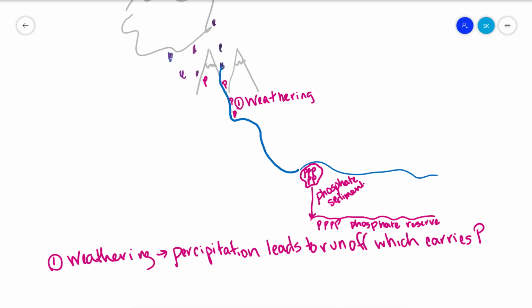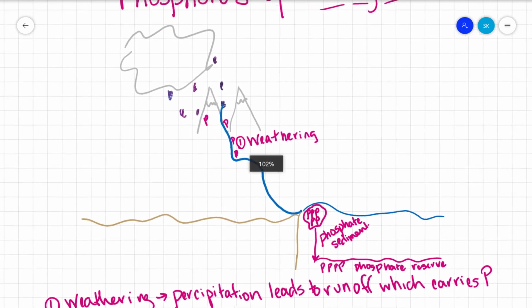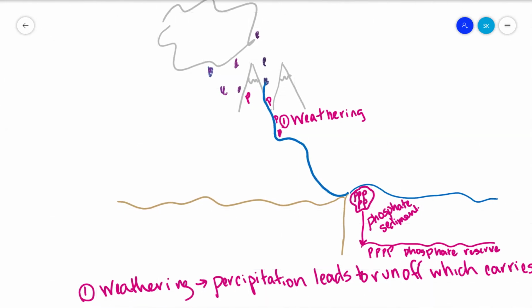Okay. Now, the weathering of rocks also is going to have an effect on plants and animals. So we got to draw, here's our soil. So this is going to be our soil. Okay. And of course, we got to have some plants. I'm going to make this a little bigger. Got to have some plants over here in our soil.